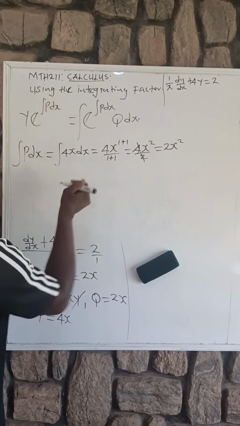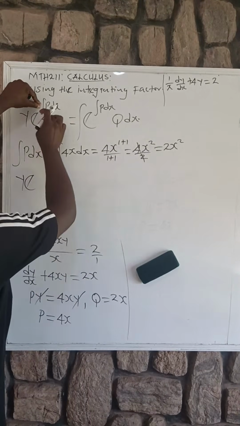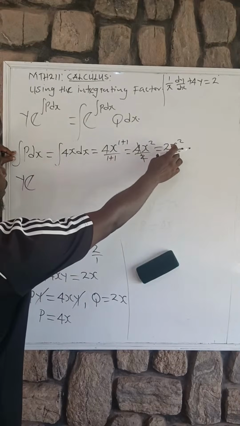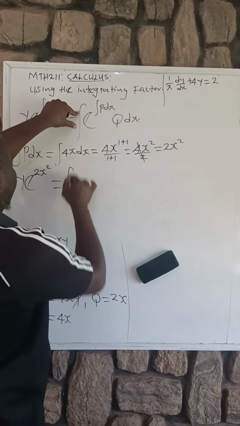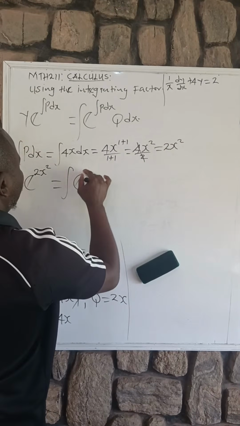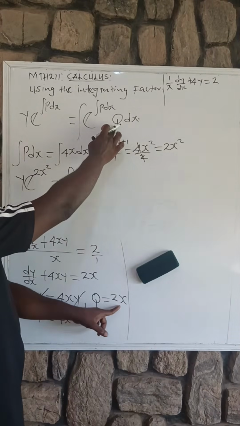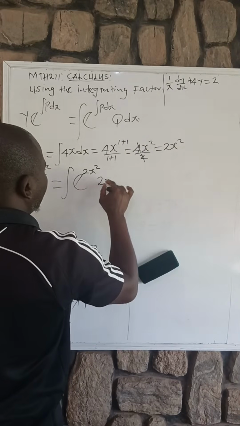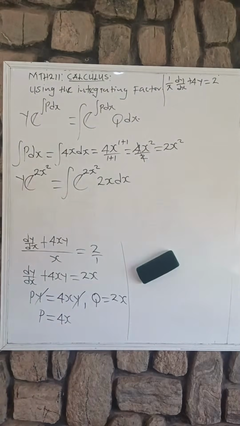What you are going to write is y exponential integral p dx, which gives us this result, 2x squared, equals the integral of exponential 2x squared, then our q here, which is 2x, times 2x dx. Do you agree with me? Hope you are following, right?